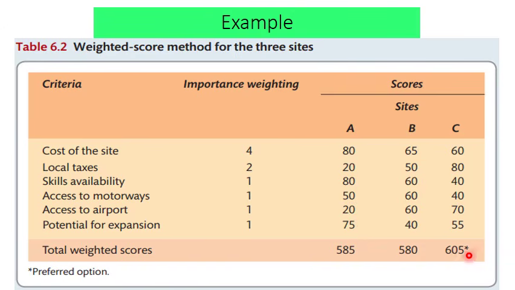And here in this case, 605 is greater than the others, so location C is better. Location C is best among these alternatives.